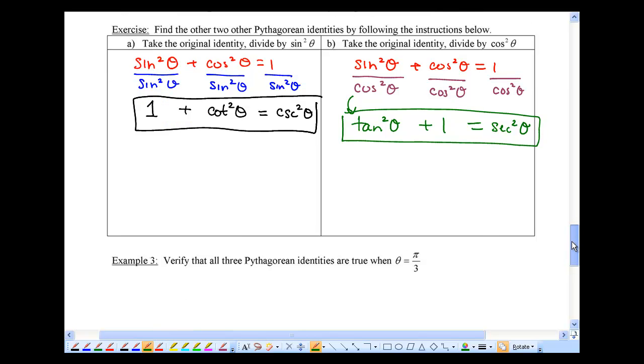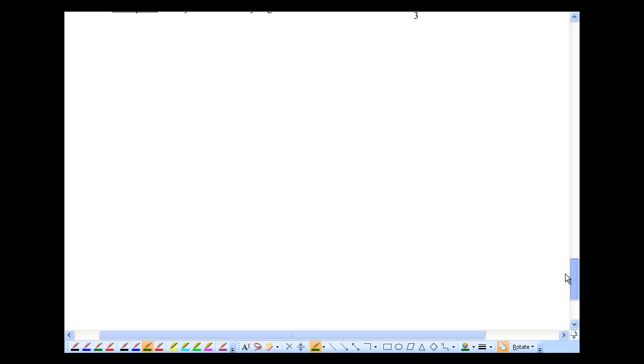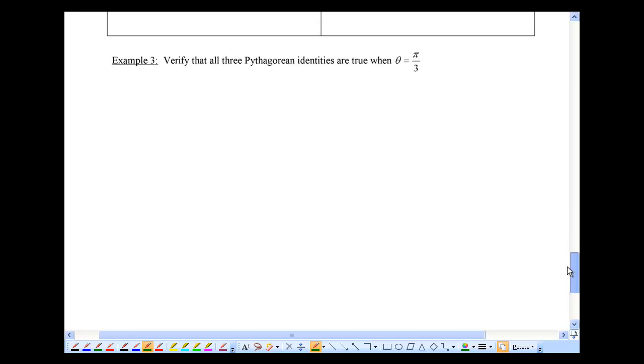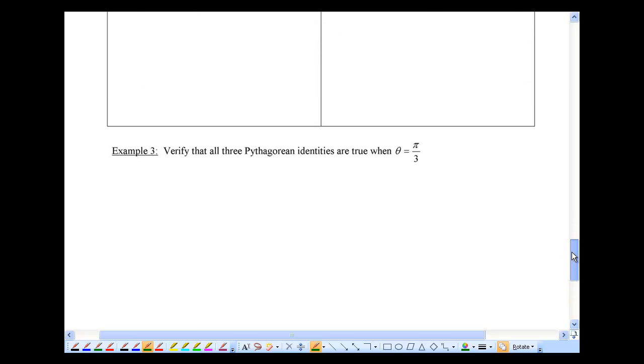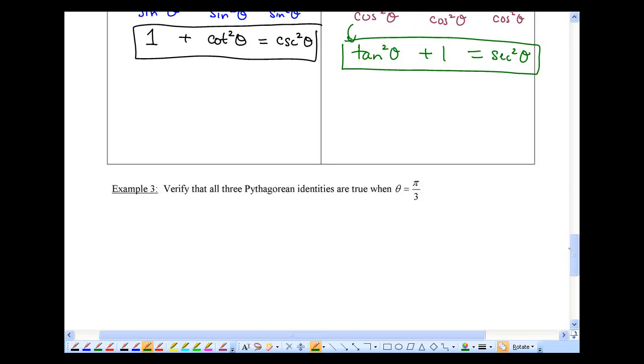Okay? I'd like you in example number 3 just to verify all 3 Pythagorean identities are true using the angle pi over 3. So, use number 1. I want you to verify that's true. I'll ask you to use number 2 using pi over 3. I'm just writing them out again for you.